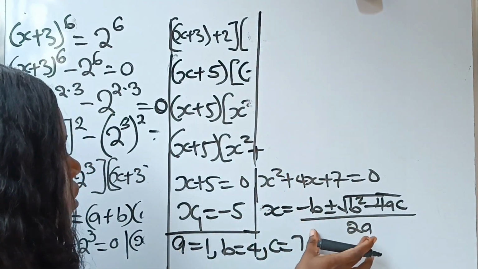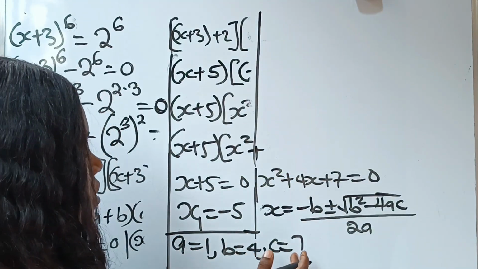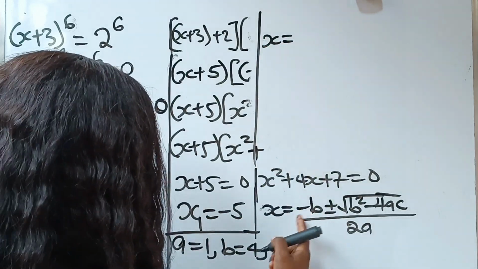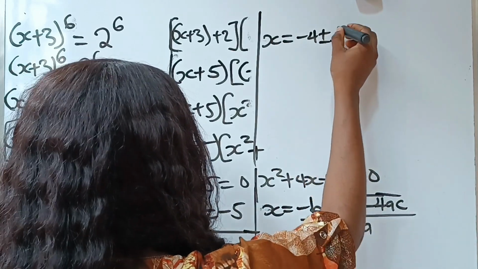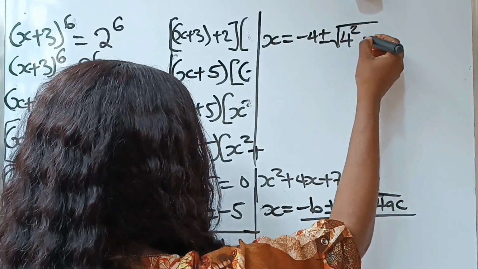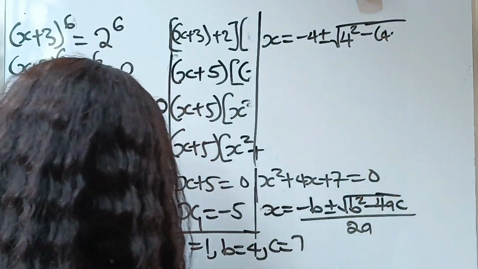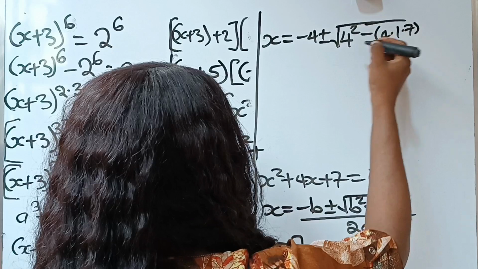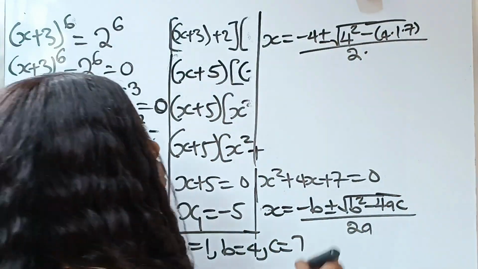All right, now this is what we are solving, and our a is 1, our b is 4, and our c is 7. So it simply means that x is equal to −4 ± √(4² − 4ac), that is 4 multiplied by 1 multiplied by 7, everything divided by 2 multiplied by 1.